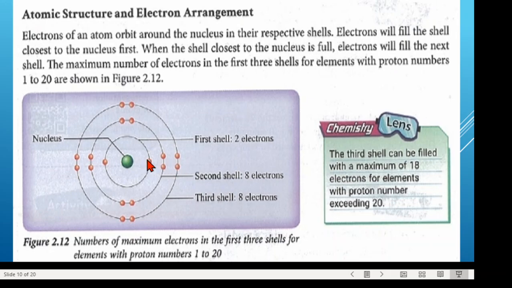Okay, so dia punya syarat di sini hanya 2, di sini shell kedua 8, 8. Tetapi jika proton number dia, satu atom itu melebihi 20, yang third shell ini boleh diisi sehingga maksimum 18 elektron. Itu hanya untuk atom yang mempunyai proton melebihi 20. Okay, so this is the first 3 shells for elements with proton number 1 to 20.